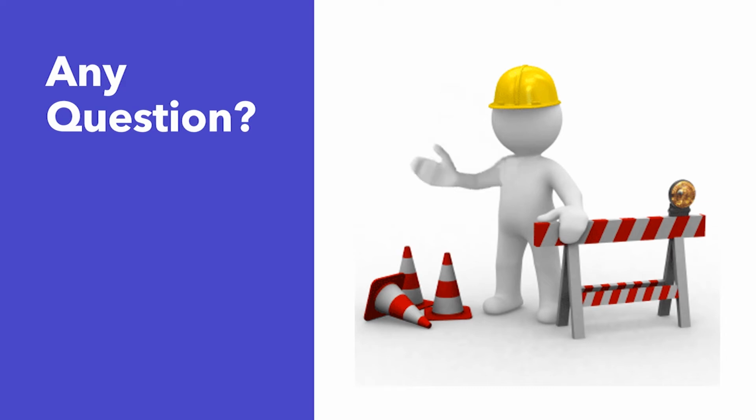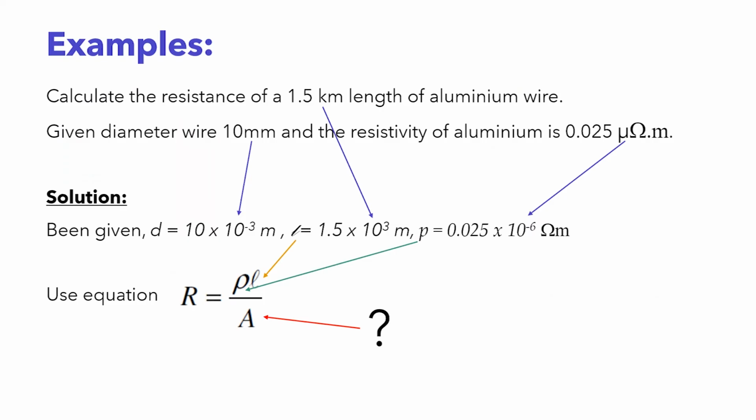Now, let's see some examples of how to calculate the resistance of a conductor material. Let's see the relationship between resistance, length, cross-sectional area, and resistivity.